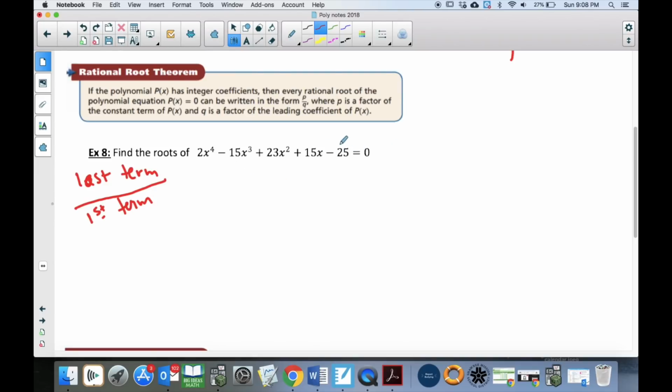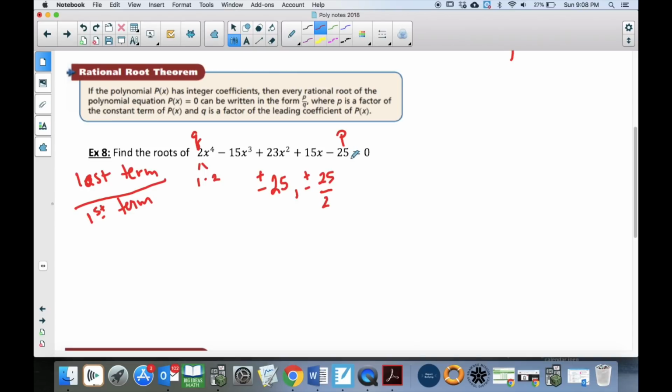In other words, my last term here, which they talk about in terms of P's and Q's. So this is my P and this is my Q. They're all positive and negative, so I need to include all the positives and negatives. It could be 25/1, or it could be 25/2. Because of this 2, the factors of 2 are just 1 and 2.